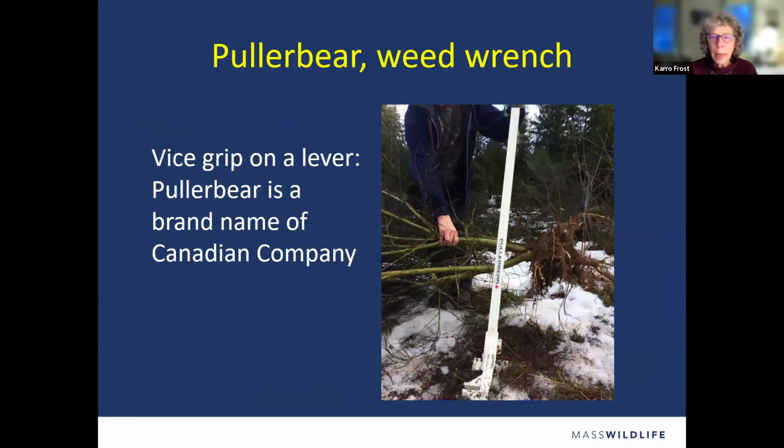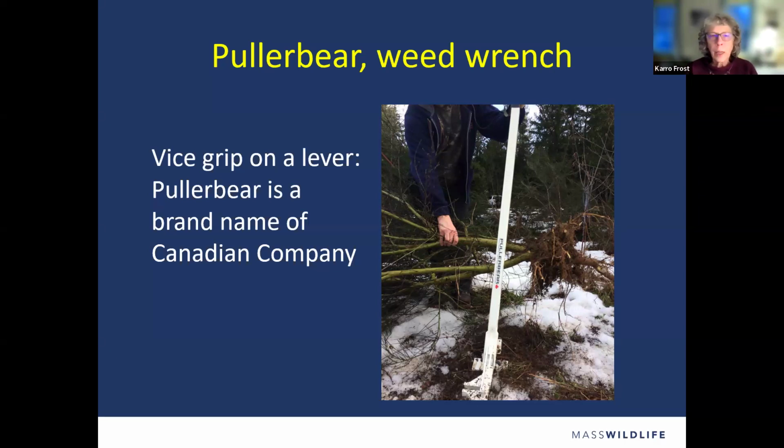Instead of just pulling by hand, if it's something larger, you might want to use a Puller Bear or a weed wrench. It's got a vice grip at one end, and as you pull back, it hangs on tight and it'll pull the plant. It's a lever so that it'll pull the plant right out of the ground.